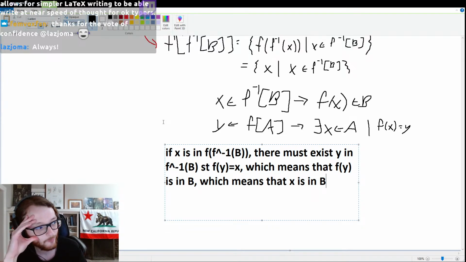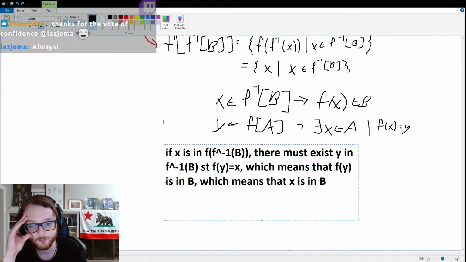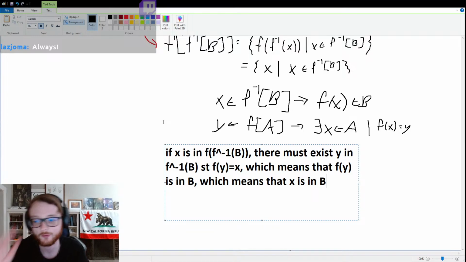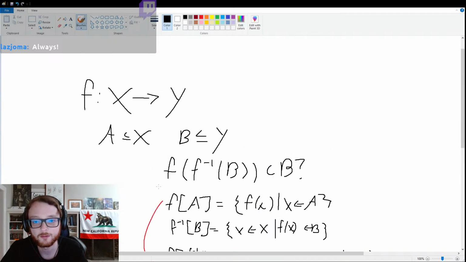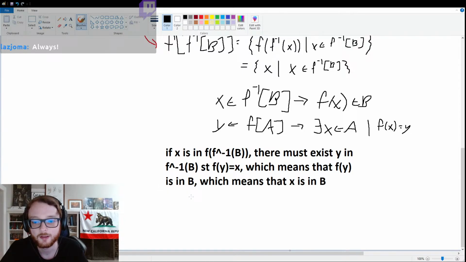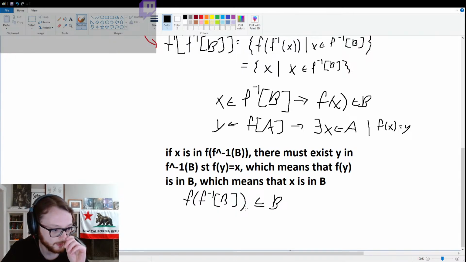I guess we need to make some point about how x... From my reading of it, this proves that f of f inverse of B is a subset of B, but we want a proper subset, and I don't know how to do that piece of the proof.